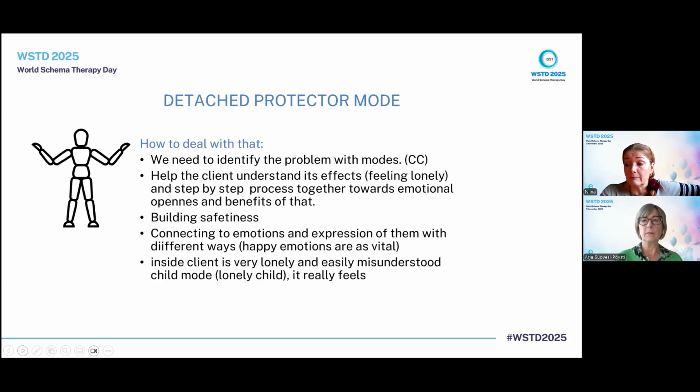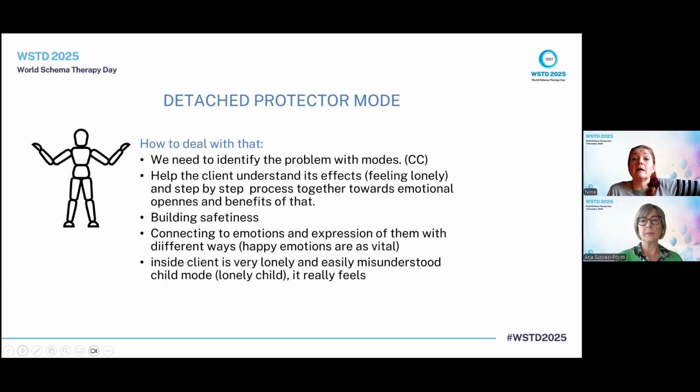So, how to deal with the detached protector mode? We need to identify the problem with modes or with cards, with a mode schedule. But anyway, we need to do the case conceptualization. We need to understand it.